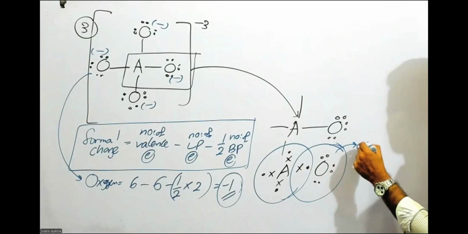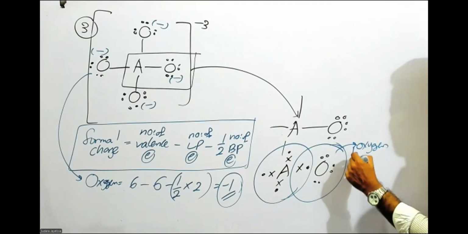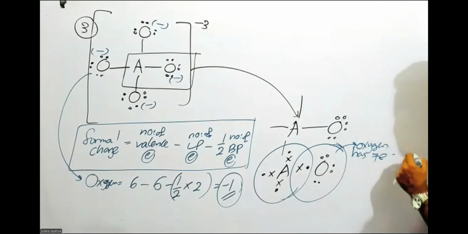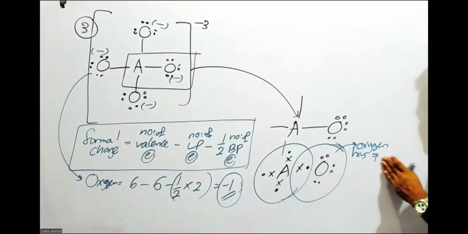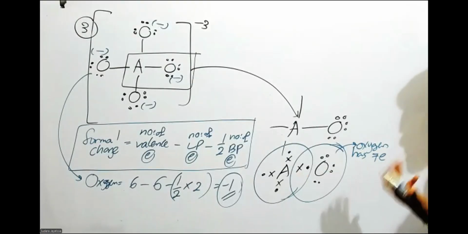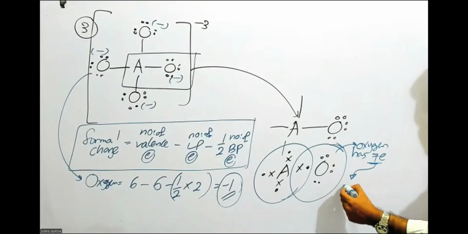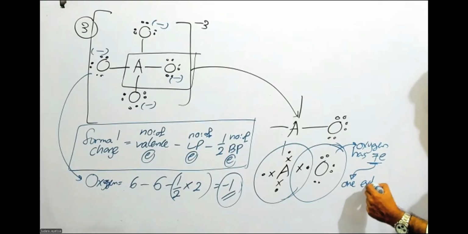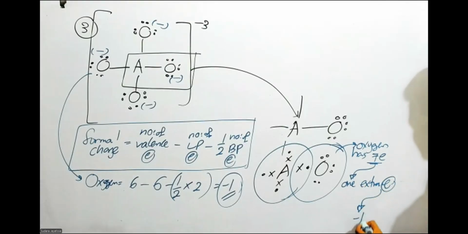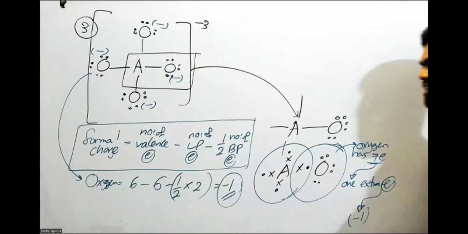Oxygen has 7 electrons, but originally oxygen had only 6. That means oxygen is having 1 extra electron. Because of that 1 extra electron, you will get a -1 charge. Is that clear? That's how it becomes -1.